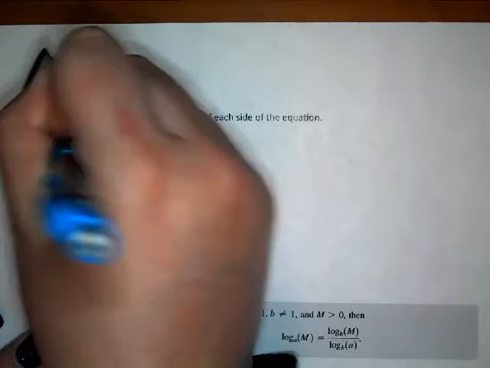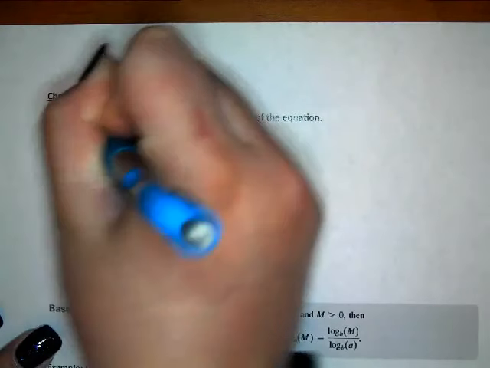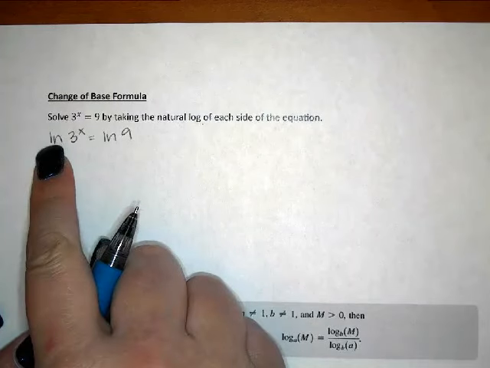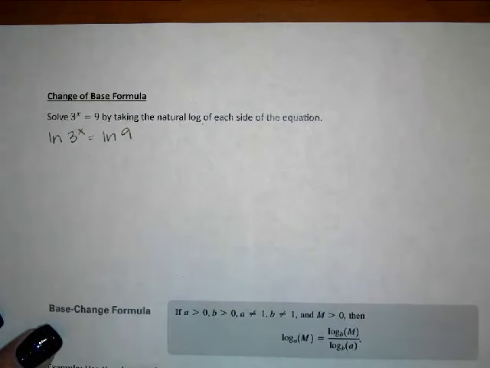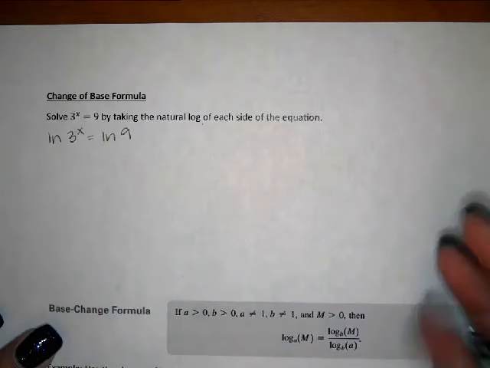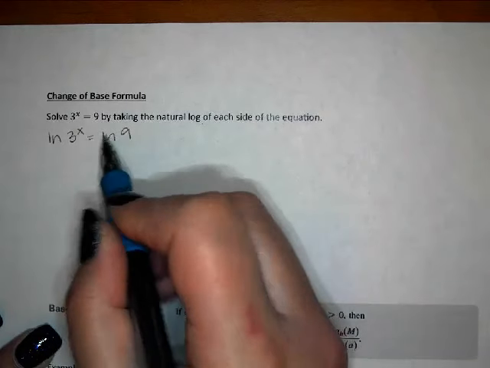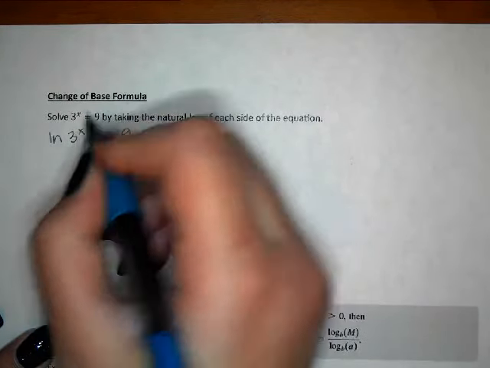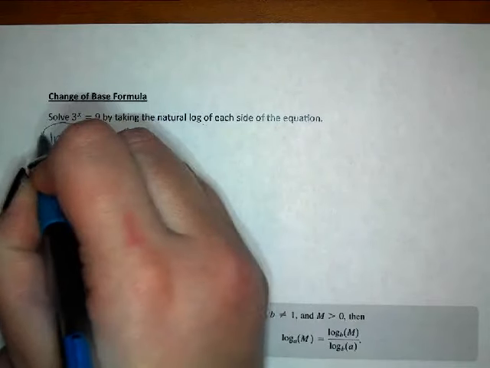So if I did ln of 3 to the x equals ln of 9, and notice I'm writing the log on the left side because whenever you use a log, you're doing the log of something. Then here I'd have to use my log rules, or my properties of logarithms, to take the exponent and move it to the front because that's how log rules work.